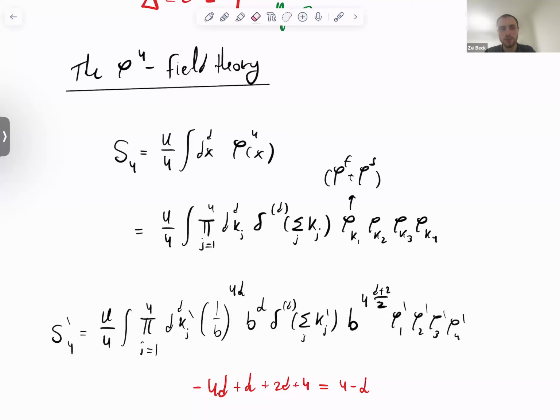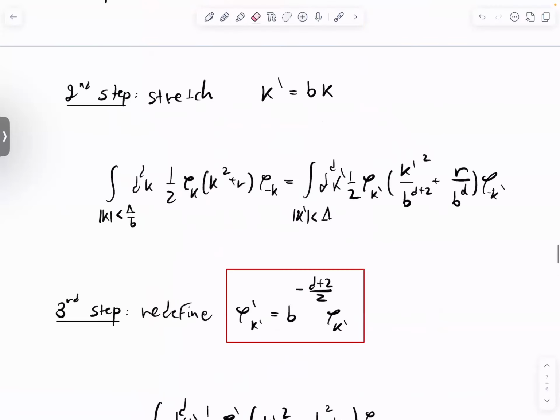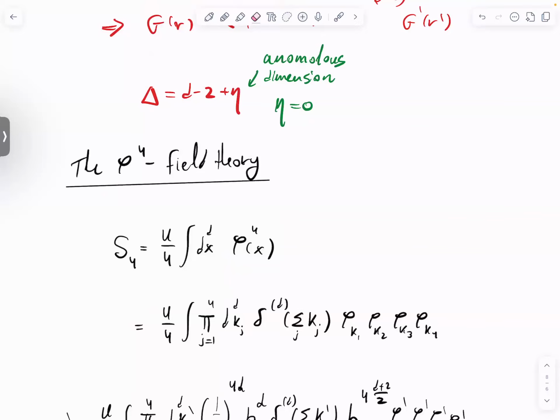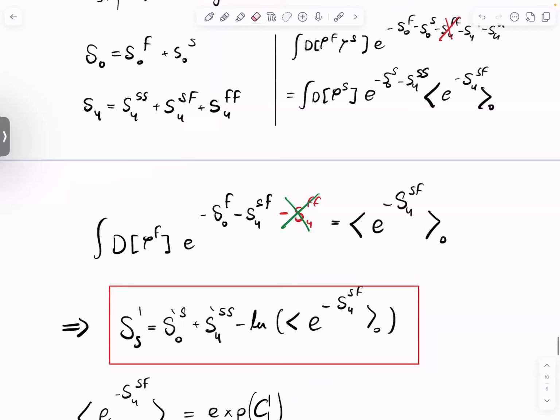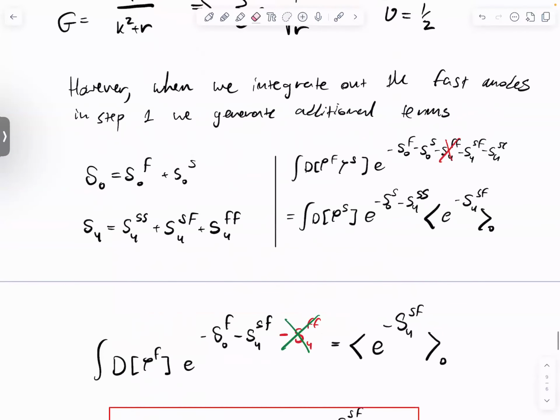I'm still not sure why the integral is only on the fast ones. Okay, first of all, the whole point is that we're integrating out only the fast modes. That's a statement. This whole business I wrote, where was it? Here.